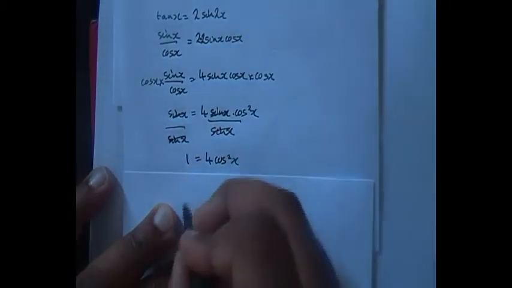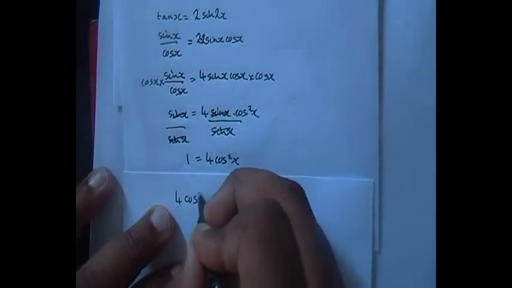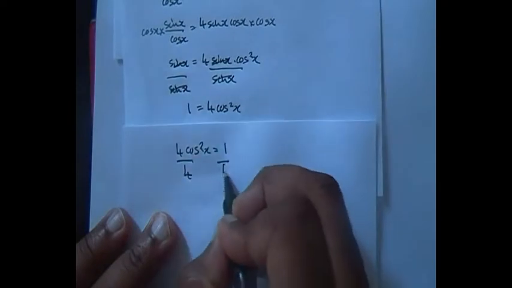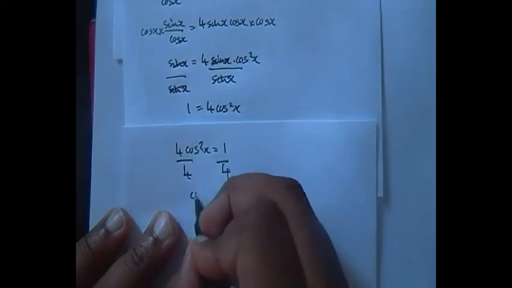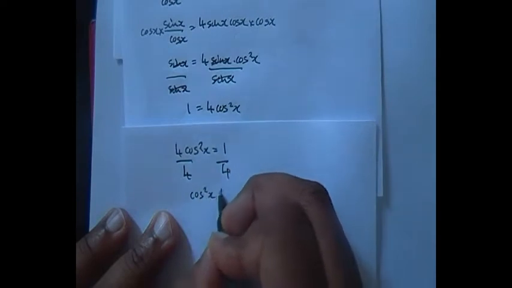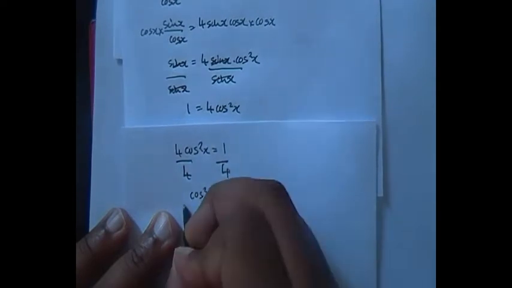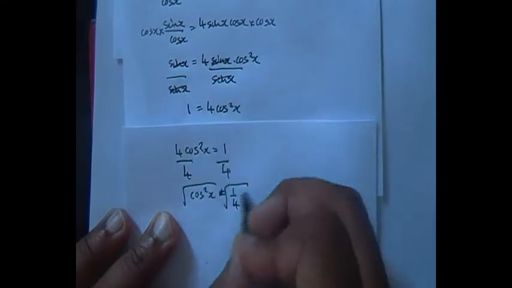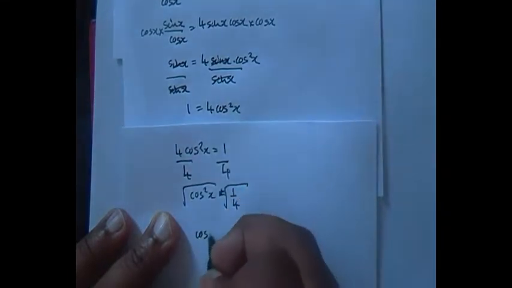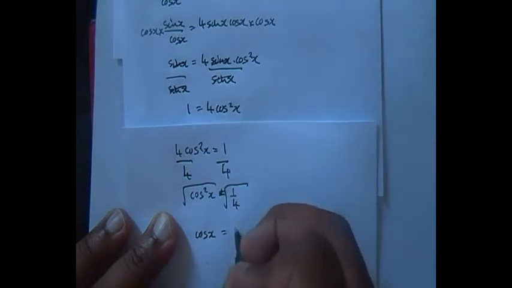Remember, in an equal sign we can put any term on any side. So I'm going to write my equation like that. Now I just divide both sides by 4, so cos squared x is equal to 1 over 4. Take the square roots so that I find cos x on its own, and the square root of 1 over 4 is obviously 1 over 2.